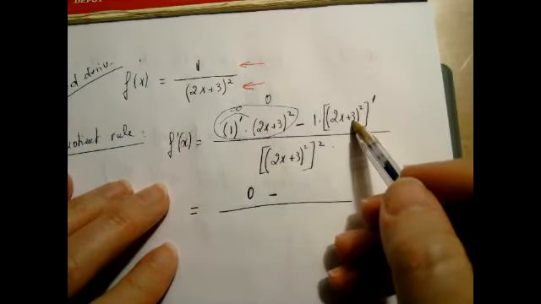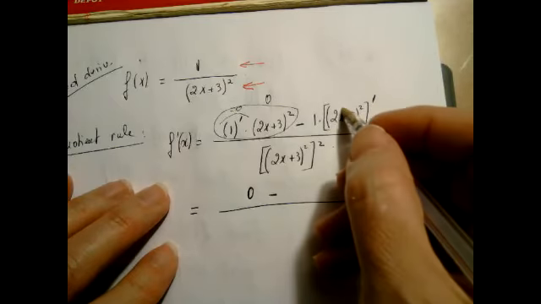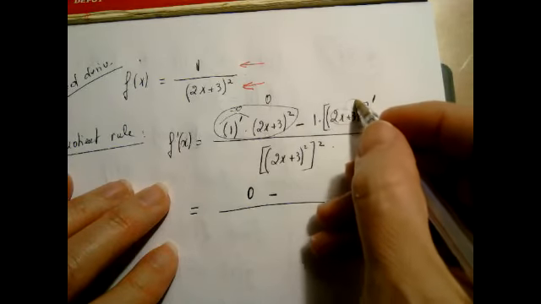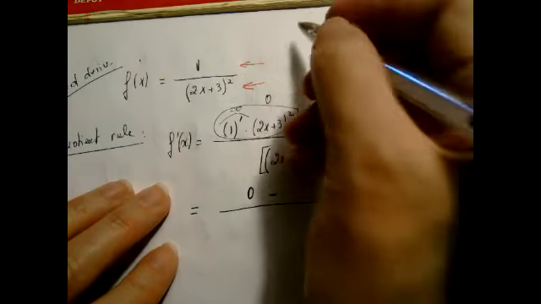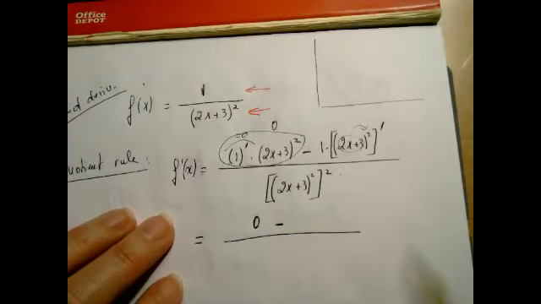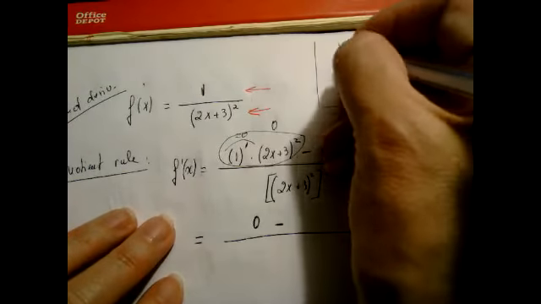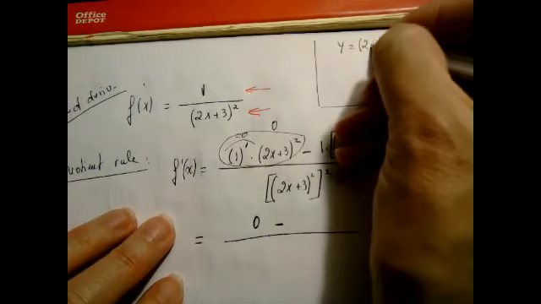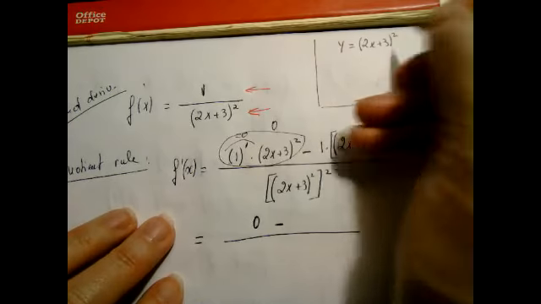That's a small chain rule problem because I have a function to a power. So we can isolate this and treat it by itself. I look at it as a chain rule problem.